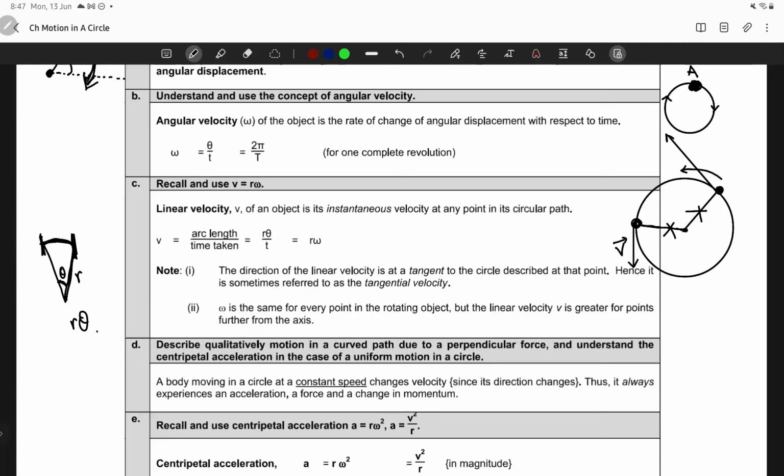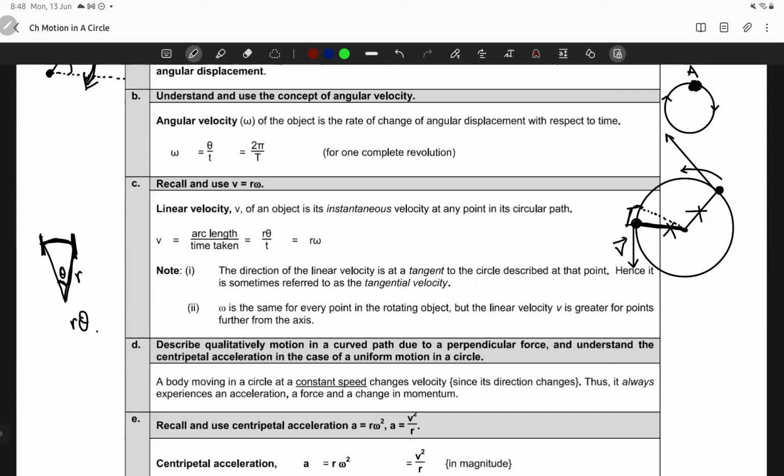Right? So why is it arc length over time taken? The reason is that if it was moving in some direction, suppose it's at this point, and initially just before that it was at this point. It would have the velocity that it would have had between these two points.